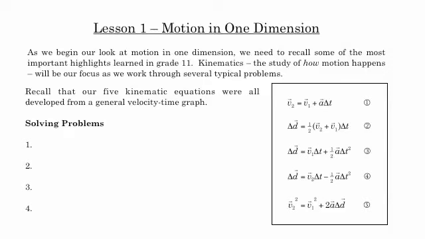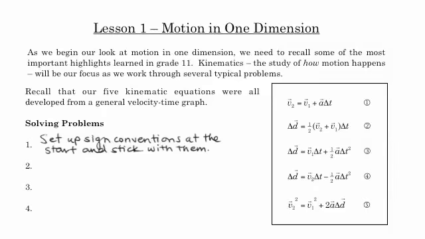And so a couple of comments about solving problems in general, as we will see. First, it's important to set up sign conventions at the very beginning of the problem and then stick with them throughout. So pick which way you want to be positive and which way you want to be negative, either up, down, left, or right, and then stick with them for the entire problem.